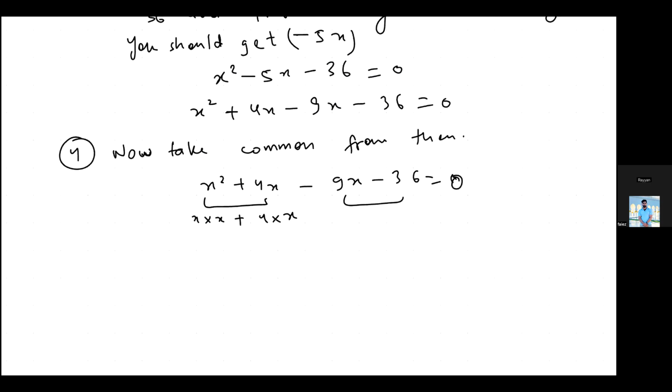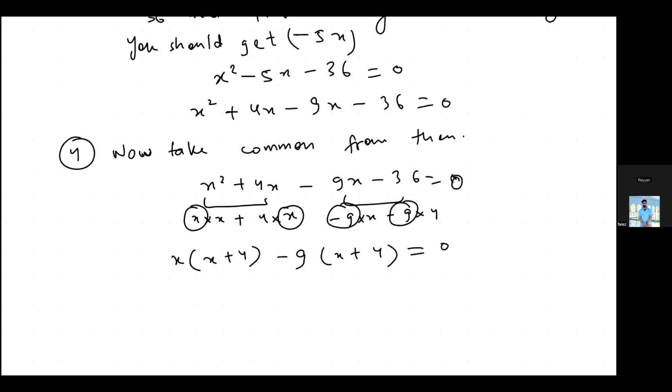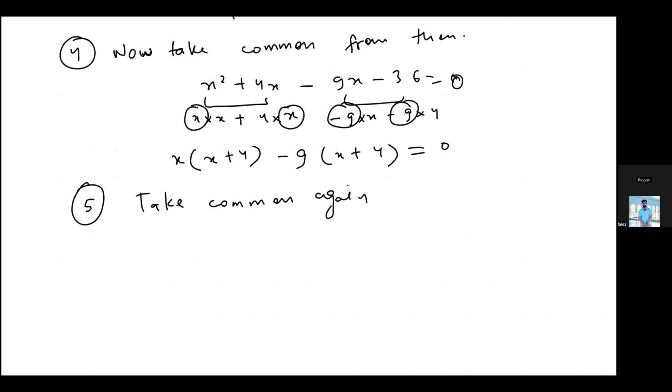X is common, x plus 4 left over. 9 times x minus 9 times 4, minus 9 common, x plus 4 left over. Now take again common. So x plus 4 common, left over x minus 9.